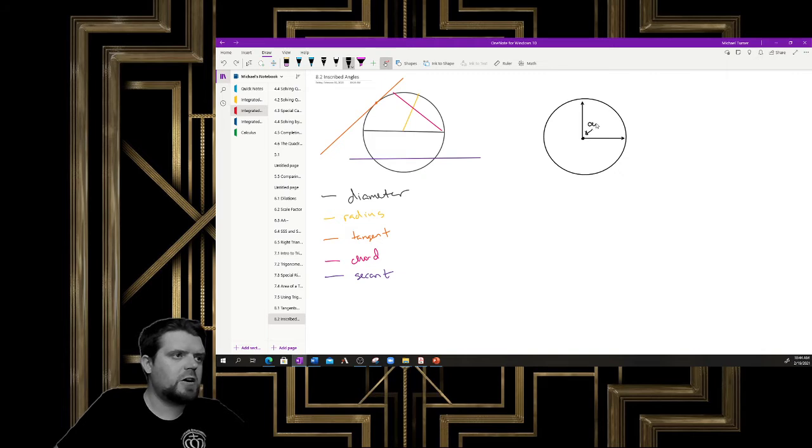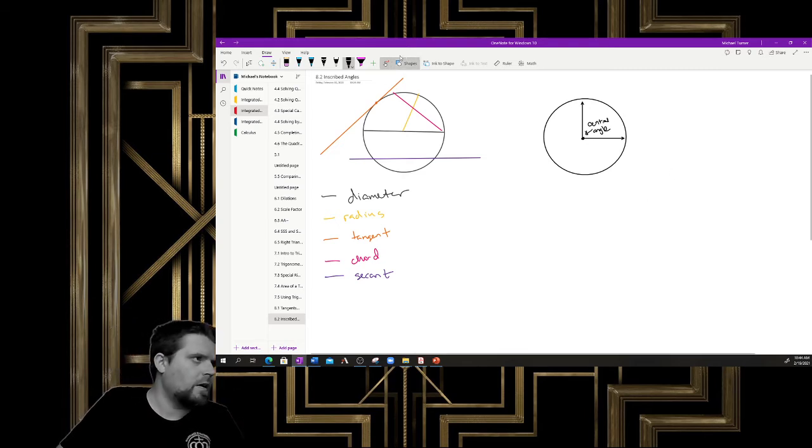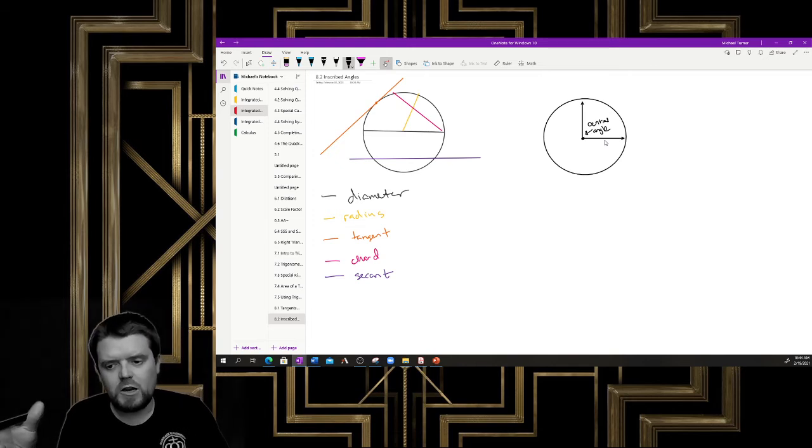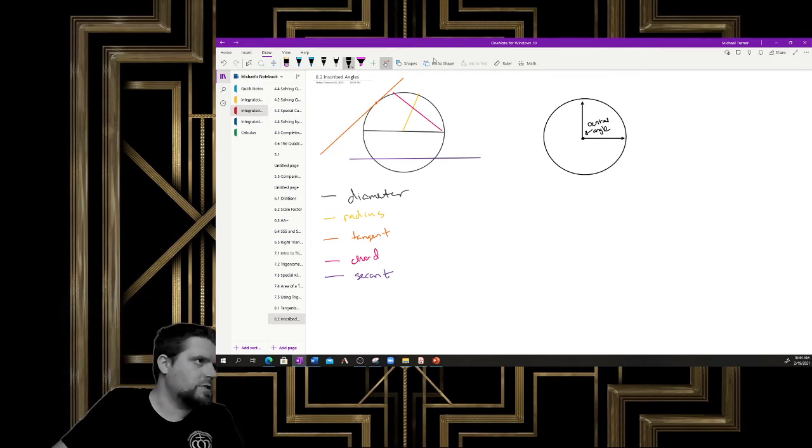And this can be bigger, this can be smaller. The only contingency is that the angle is centered at the center of the circle. Now, looking at the outside of the circle, if we are breaking the angle apart, we end up with two parts of the circle.